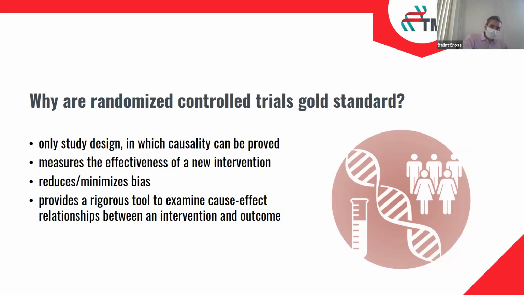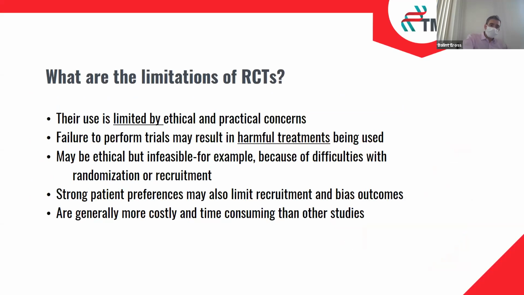It can minimize the bias, and you will understand a lot more about biases in randomized control trials when you start to use the bias assessment tools for randomized control trials. They still carry sometimes quite significant biases. And it provides a rigorous tool to examine the cause-effect relationship between an intervention and an outcome.